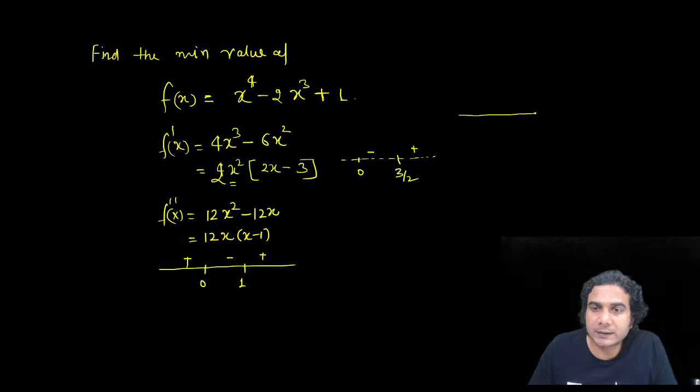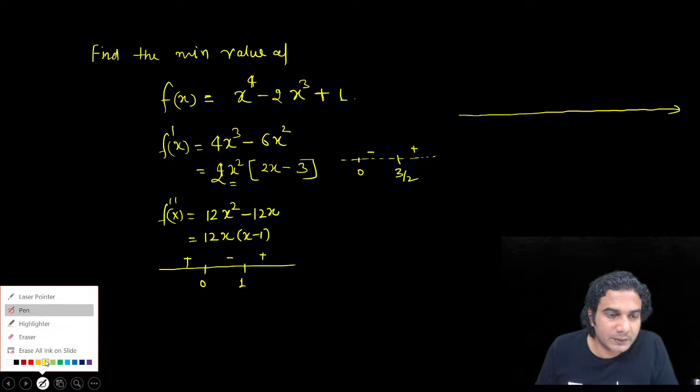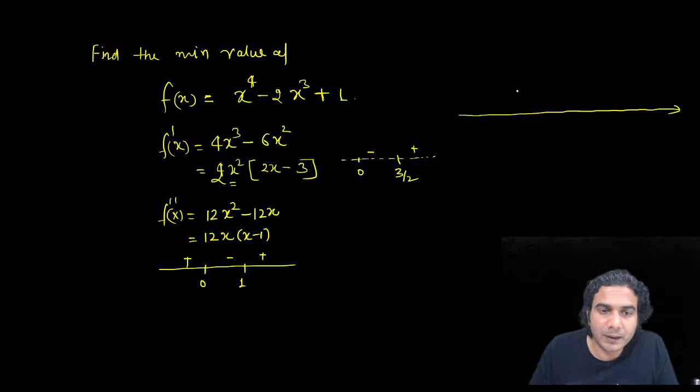Let's plot the x-axis. If you start plotting the graph, it comes from plus infinity, and up to 0 it is decreasing and concave up. At x = 0 its value is 1.